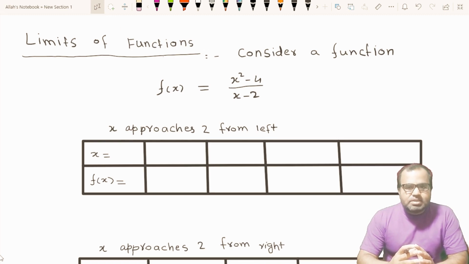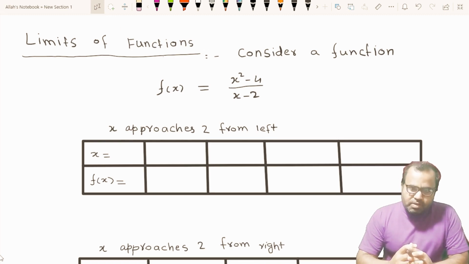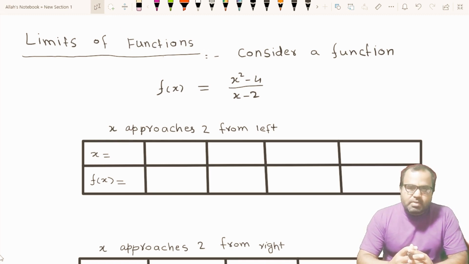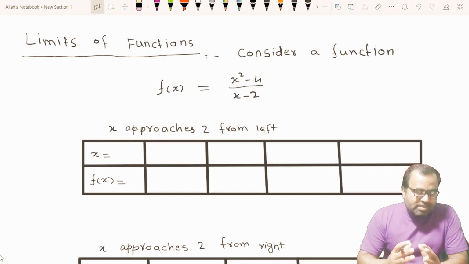On the screen you can see a function. The function is f of x equals x squared minus 4 divided by x minus 2. You can see that this function is undefined at x equals 2.